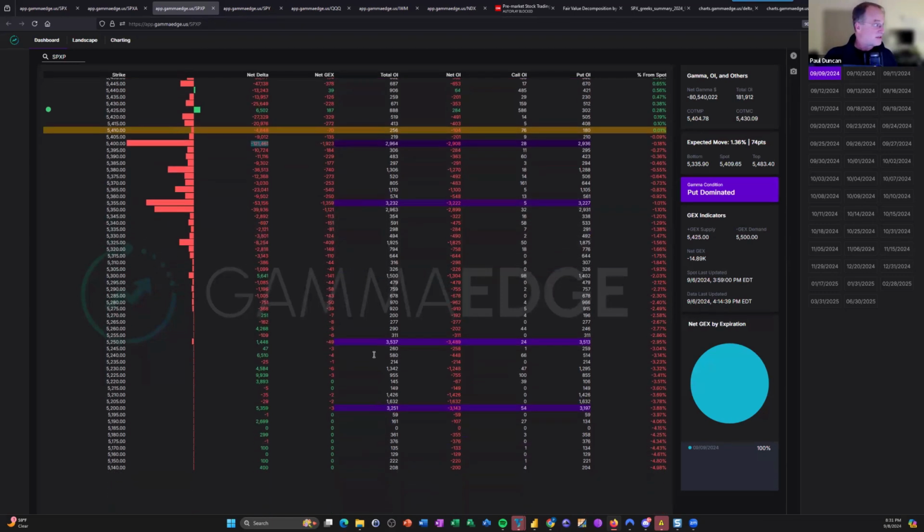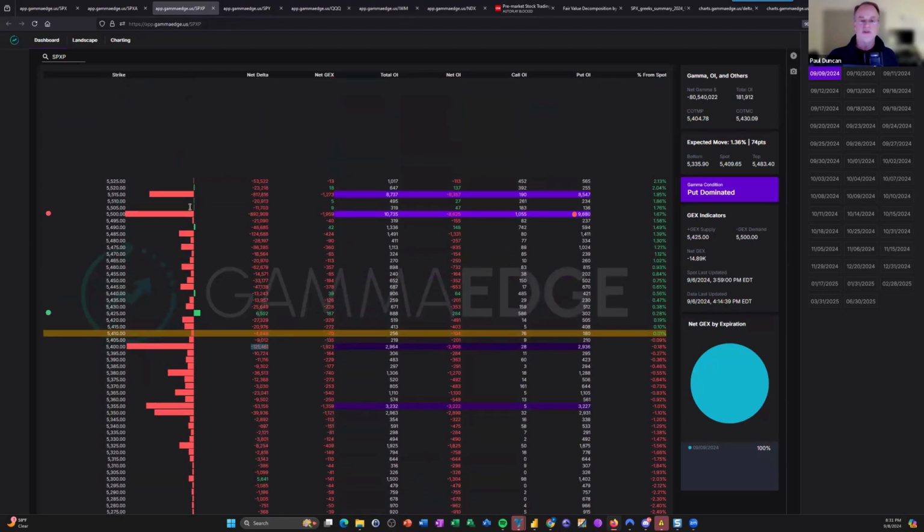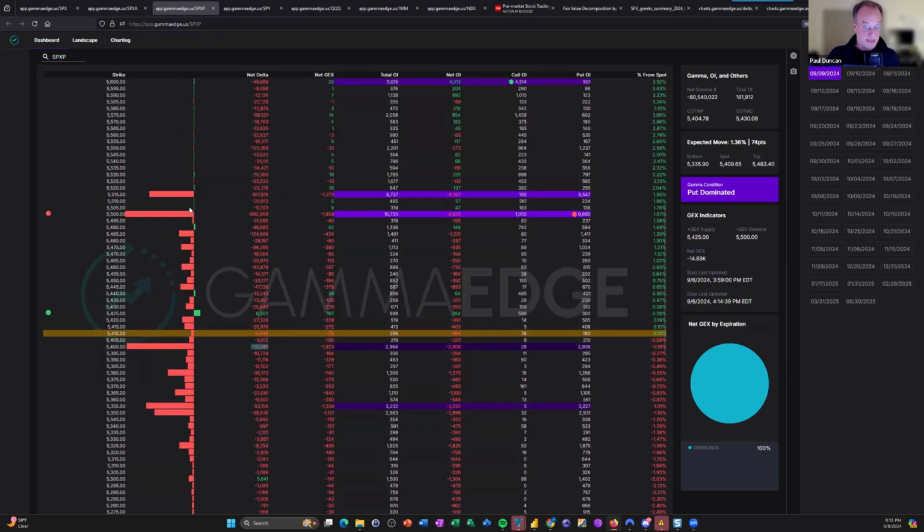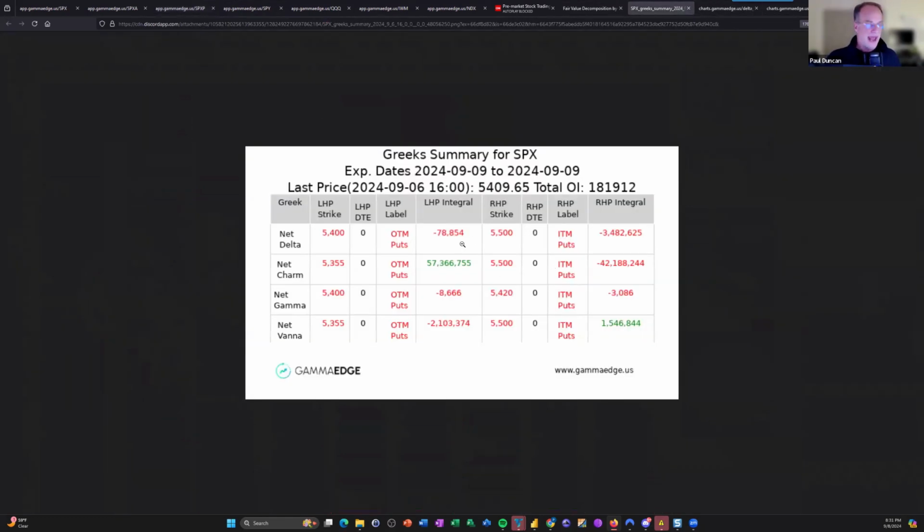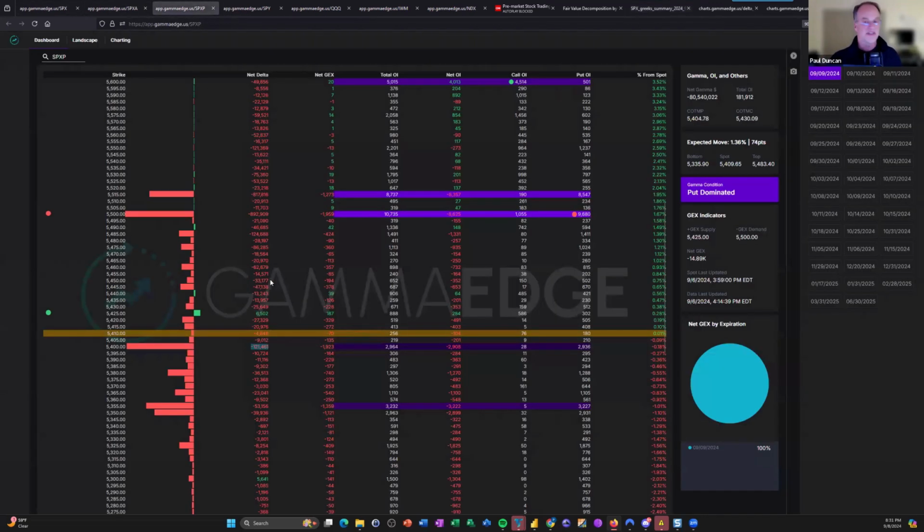And by converse, if we were to move up, you can see we're removing those negative deltas from the book. Let's talk about that. So as price starts making its way up towards 5,500, in general, as price comes up in a negative dominated or a put dominated complex, I'm removing negative deltas out of the book, right?